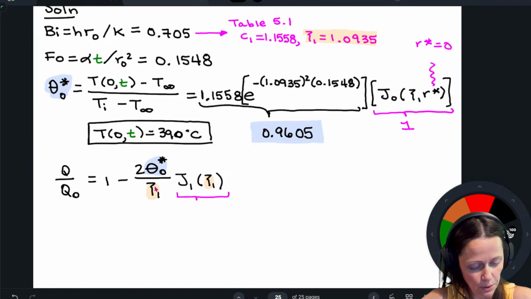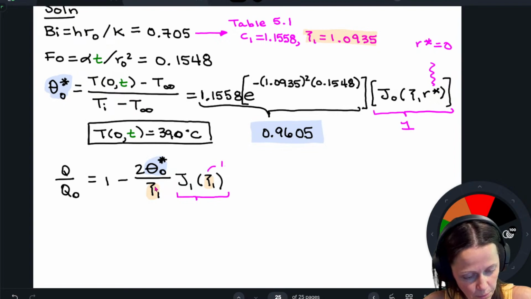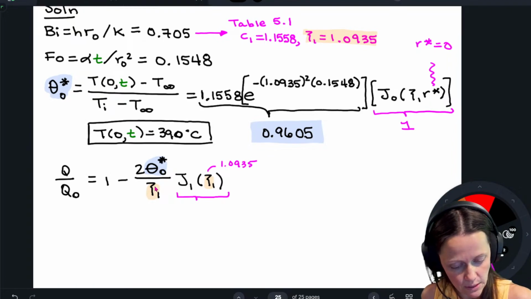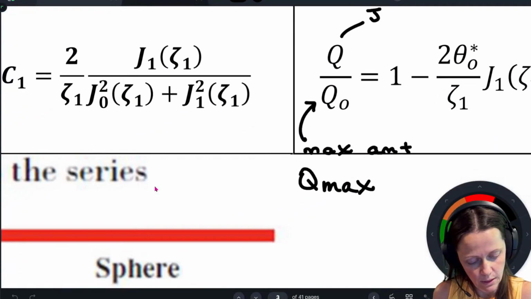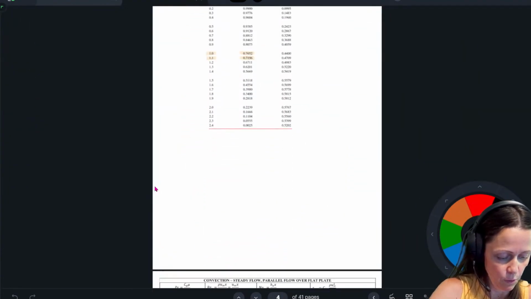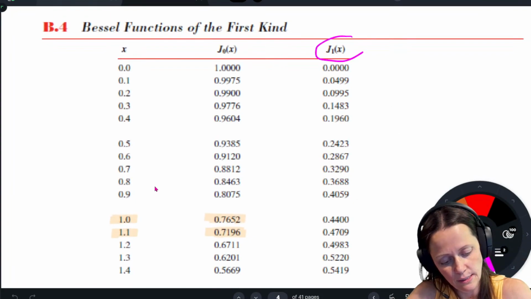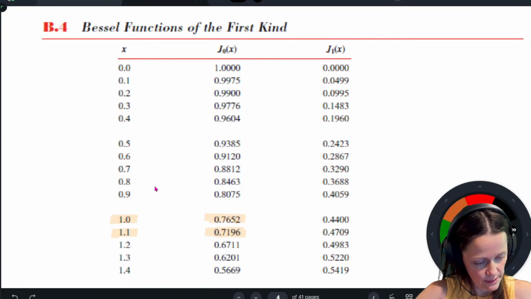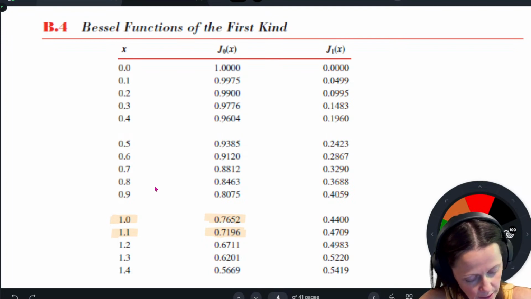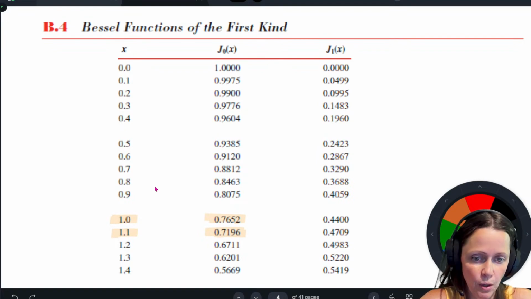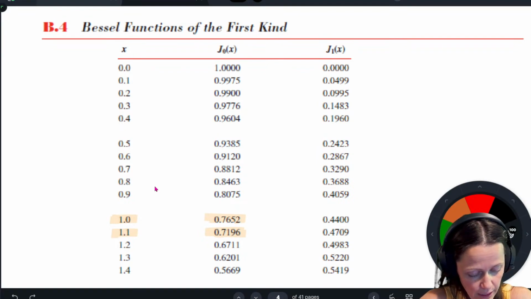So if we're inputting 1.0935, well, let's go look at our chart and see what that would give us. So I'm going to be looking at B4. You can see it's got a little subscript R instead, so we're going to be looking on that side. So we're inputting 1.0935.